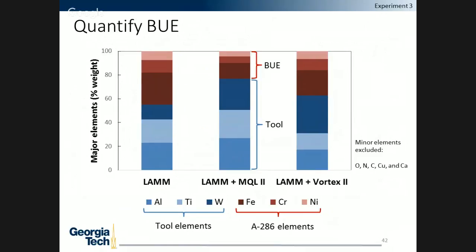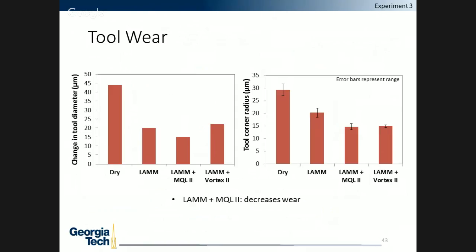In the LAMB plus MQL case, however, there is significantly less workpiece material adhesion, or built-up edge, along that edge. This just shows a comparison of all 3. Vortex did marginally decrease the built-up edge compared to the LAMB condition, but LAMB plus MQL2 did overall reduce the built-up edge.